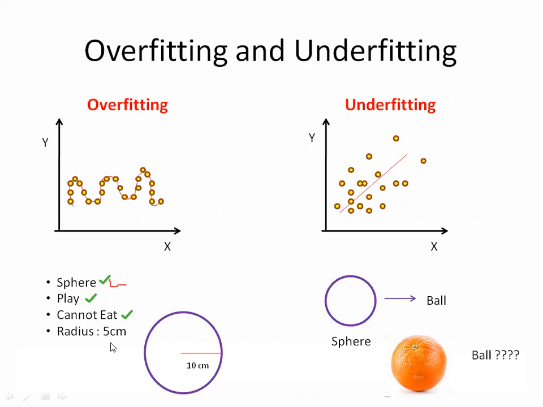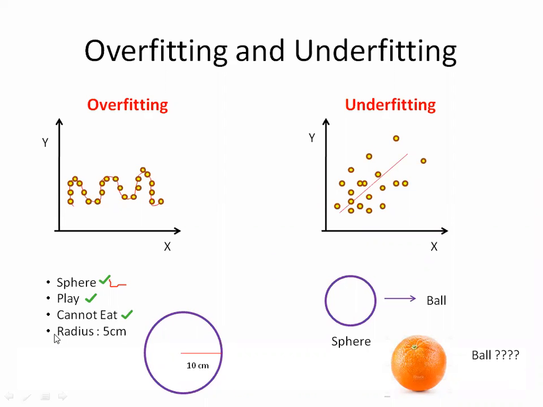So if the radius of an object which satisfies all these three conditions is not 5 centimeter, then it is not a ball. Though we have taken an example of a ball only to test the data, our machine learning model describes that this is not a ball. Why does this happen? Because more number of features are there.